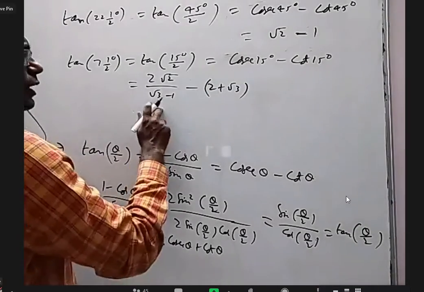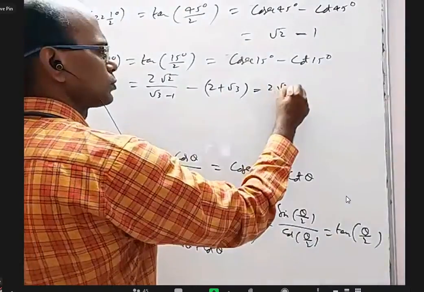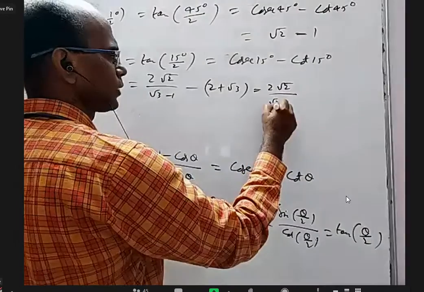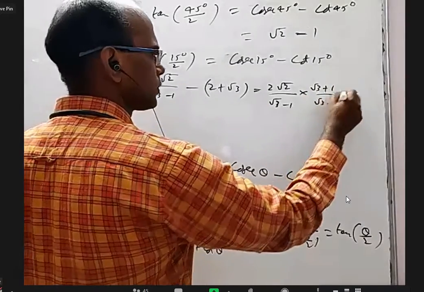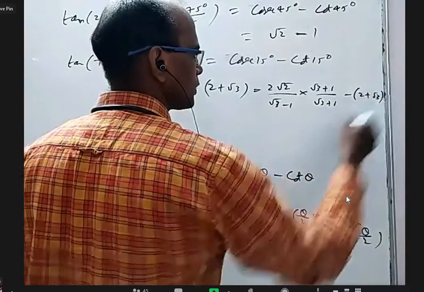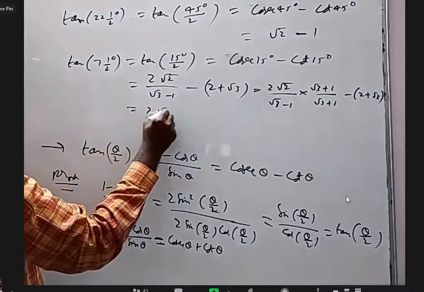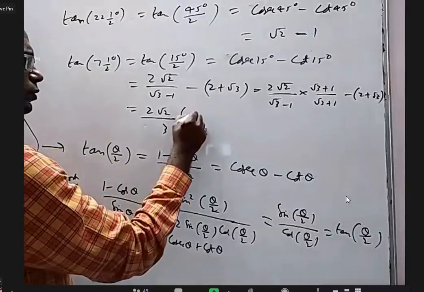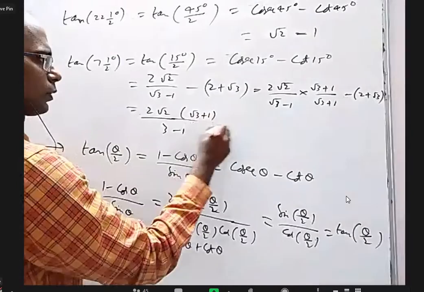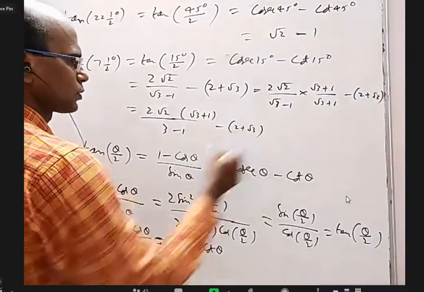To simplify, I want to rationalize this. So 2 root 2 by root 3 minus 1, multiply with root 3 plus 1, minus 2 plus root 3. In the denominator, a minus b into a plus b is 3 minus 1, which is 2.